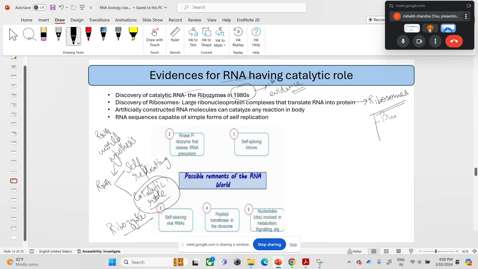One is the protein part and the other is the RNA part, rather the ribosomal RNA part. And the ribosome is formed by the combination of both proteins as well as rRNAs, forming a tertiary or quaternary structure of a mechanism. And this ribosome helps in protein synthesis.